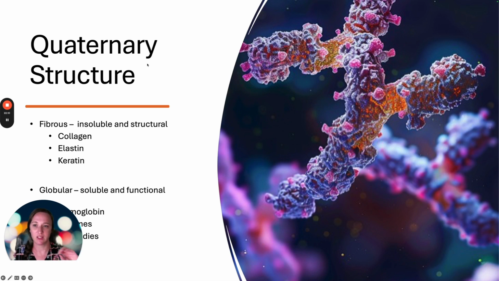Functional proteins, globular proteins, are usually soluble and have some type of function to their nature. An example of this is hemoglobin, which we know carries oxygen in the blood and transports it from the lungs to the tissues. Enzymes catalyze basic reactions. Those are also functional, soluble proteins, globular proteins.